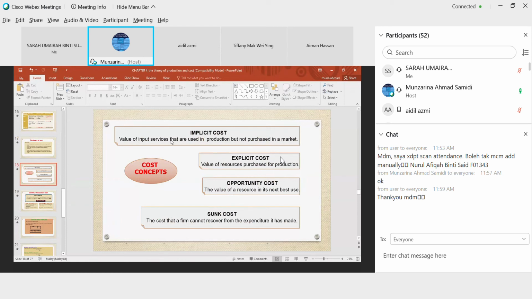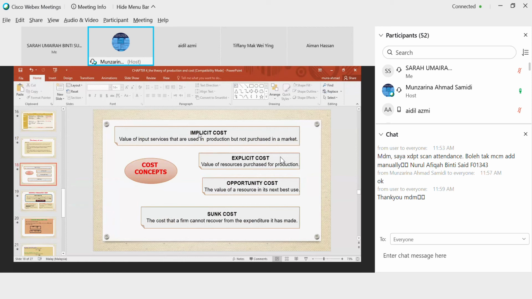Implicit cost is the value of input service that is used in the production but not purchased in the market. For example, the cost of using your own house. You own the house already and you use your house as your office, for example.